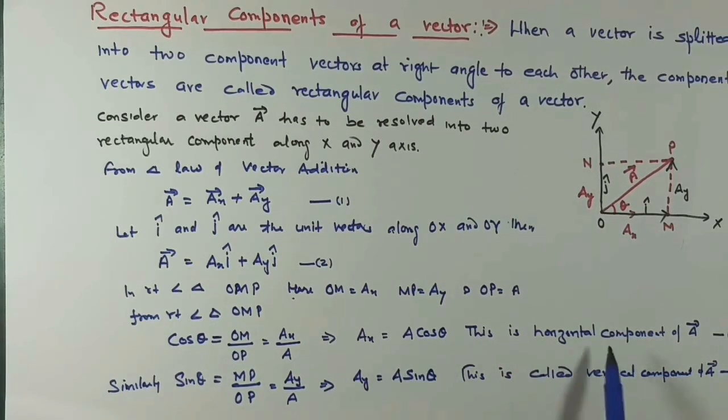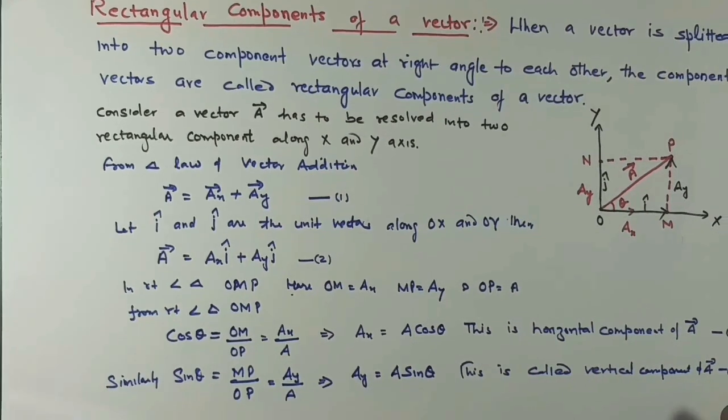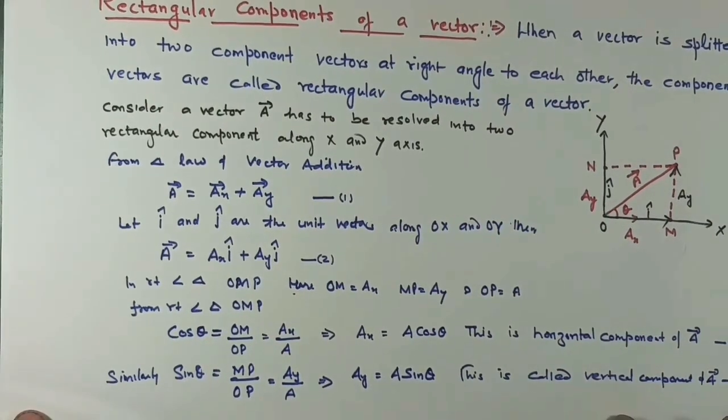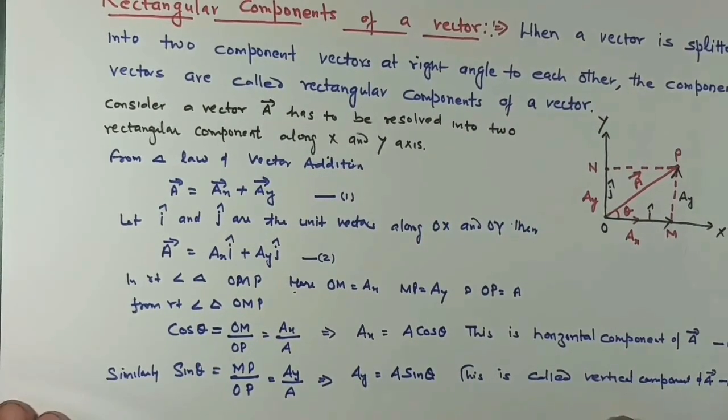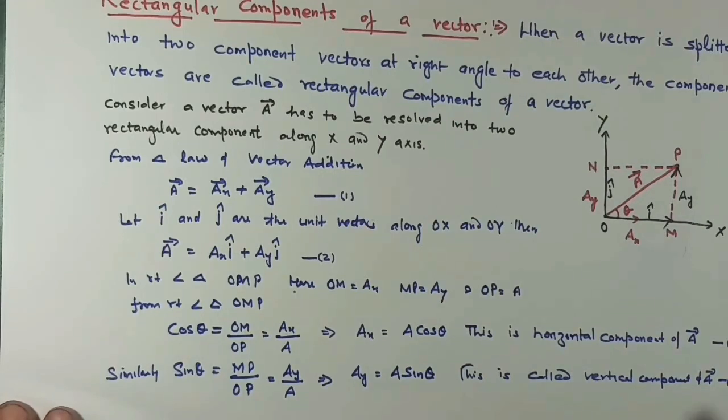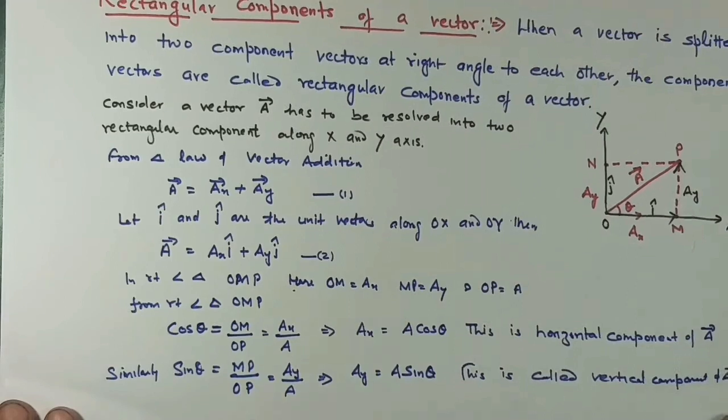So the horizontal component of given vector A is A cos theta, and the vertical component of given vector A is A sin theta.